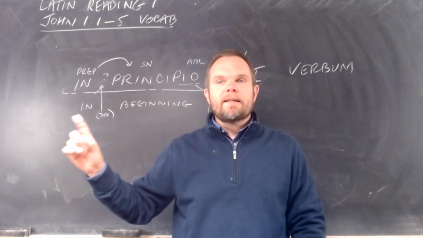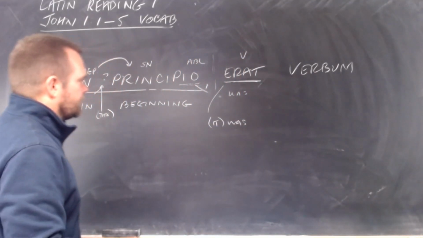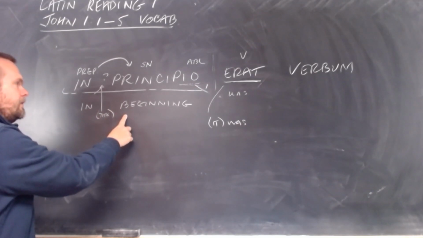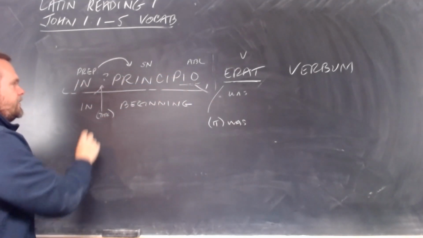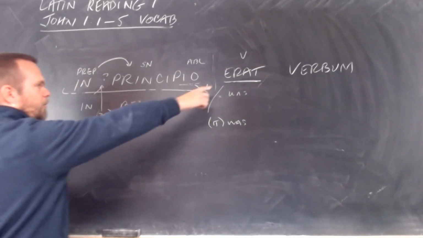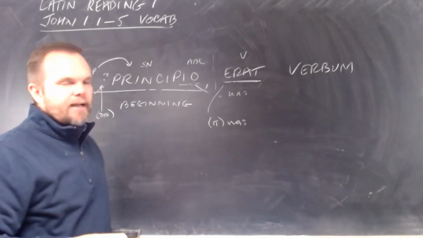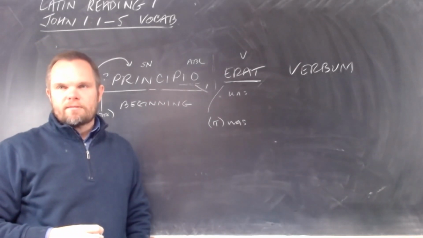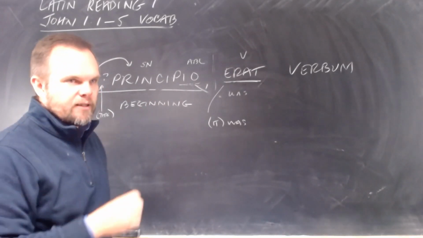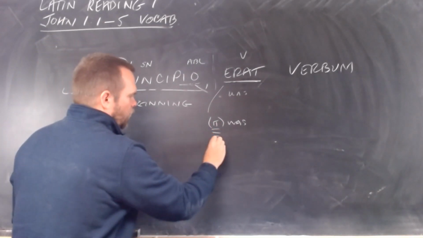But we're not saying he stopped existing. It's imperfect. In the beginning, there's our prepositional phrase, our preposition and the object of the preposition. Now we have our verb, and our study of grammar will tell us exactly what that verb means. It means it was. And we have to ask the question, what is the it?